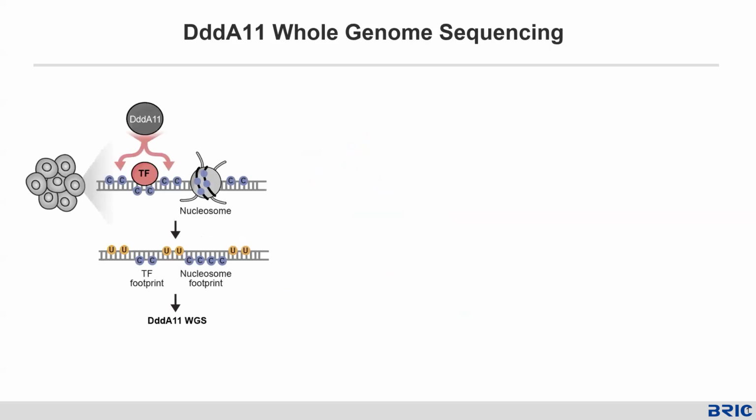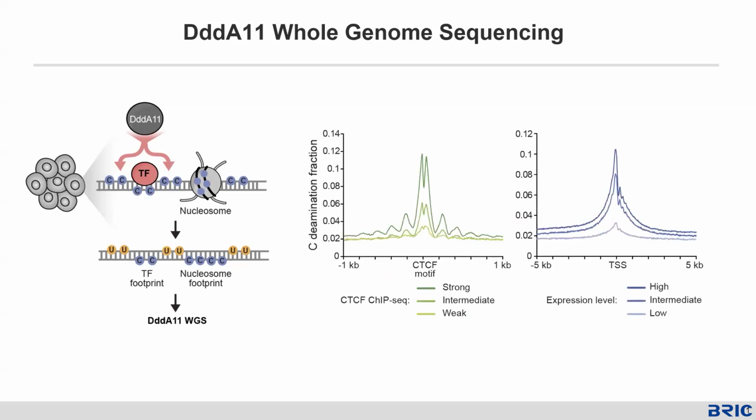So the first thing that I've done is to map the distribution of cytidine deamination across the whole genome. I treated permeabilized cells with purified DddA11 and performed whole genome sequencing. And you can see that cytidine deamination signals were enriched at CTCF binding sites and transcription start sites, which are known to be open chromatin.